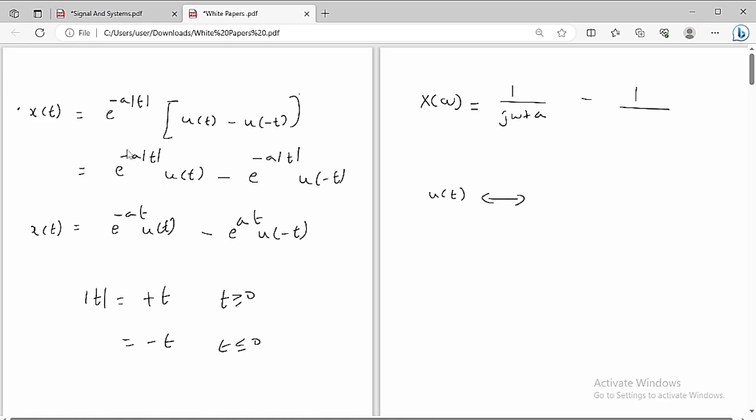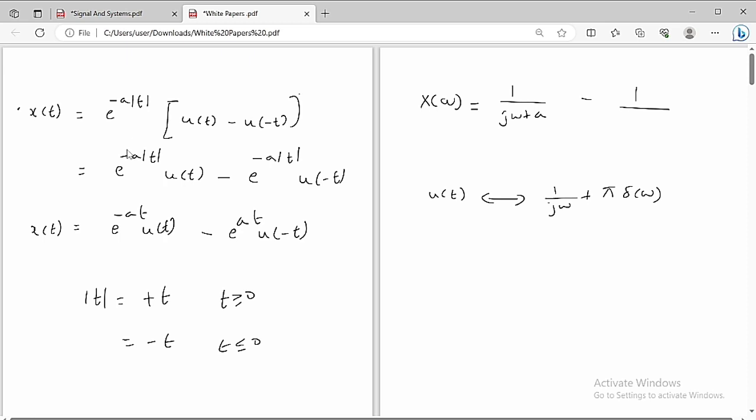It is 1 by j omega plus pi into delta of omega. I already told you this formula.